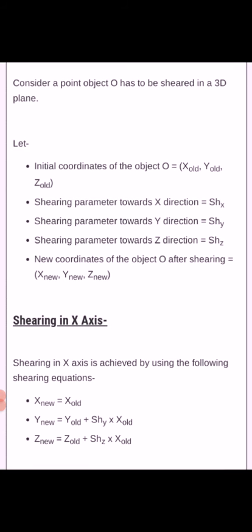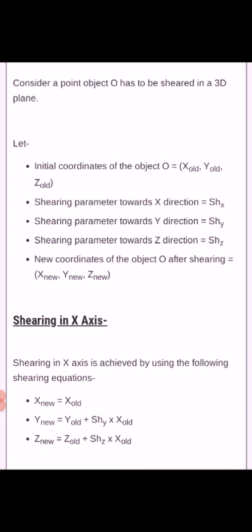So considering an object with the initial coordinates x old, y old, z old and a shearing parameter towards x direction equal to shx, the parameter towards y direction is denoted by shy and the parameter towards z direction is shz. Then the new coordinates, that is x new, y new, z new, are calculated by the following equations.